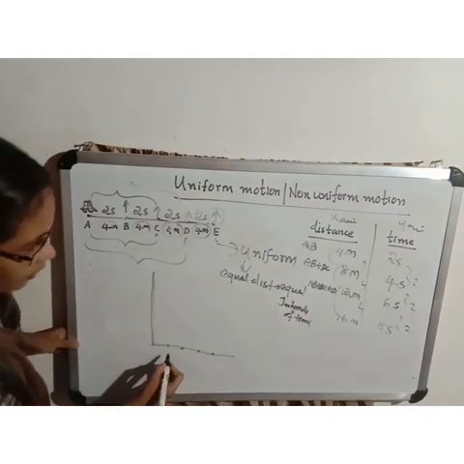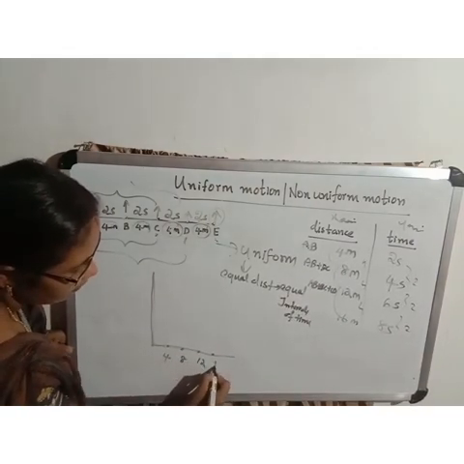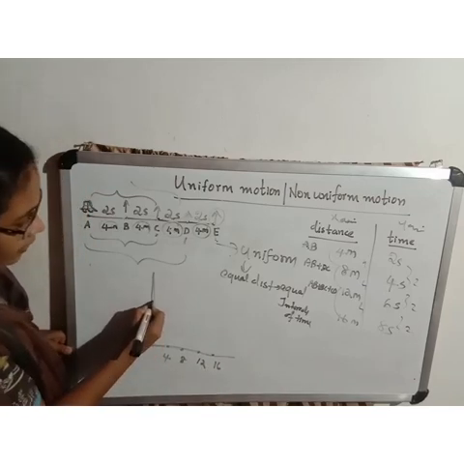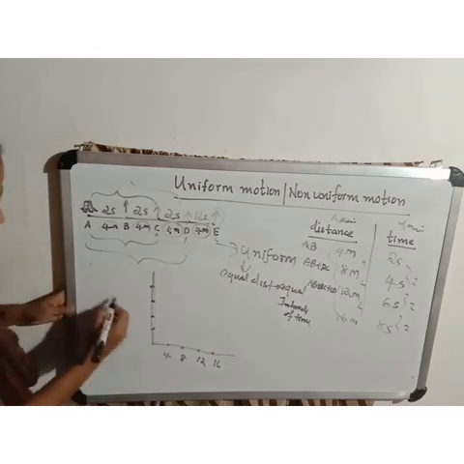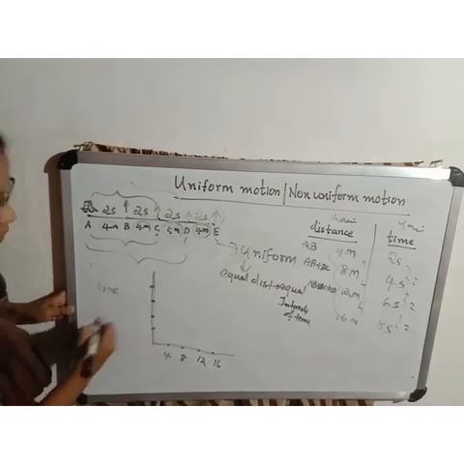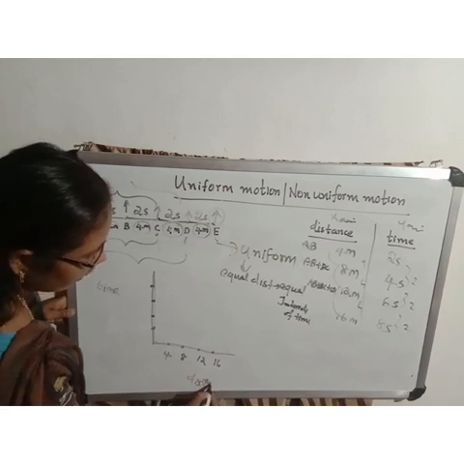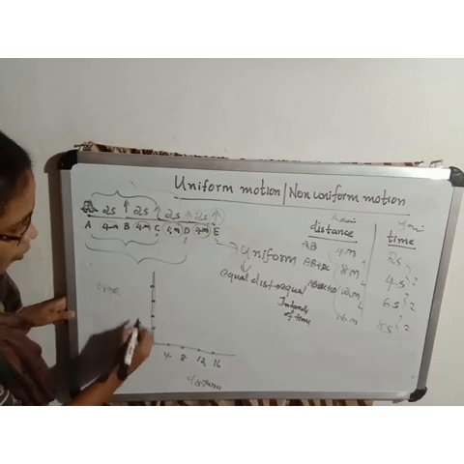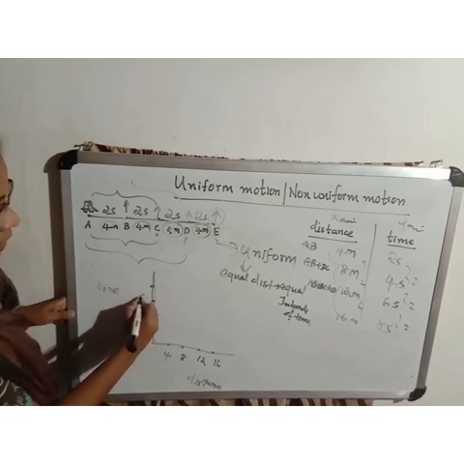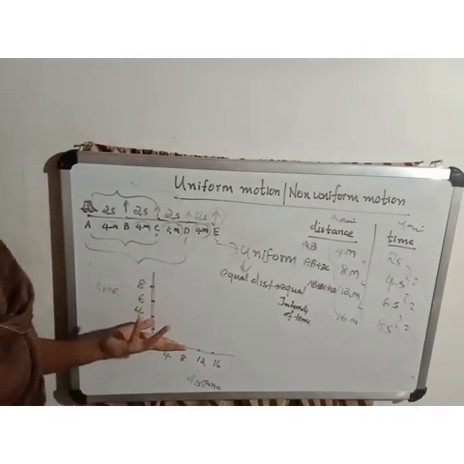So the distance is 4, 8, 12, 16, and on the y-axis we can see the values 2, 4, 6, 8. So this is the time axis, which is the y-axis, and this is the distance axis, which is the x-axis. Since the time values are like this, how can we plot?